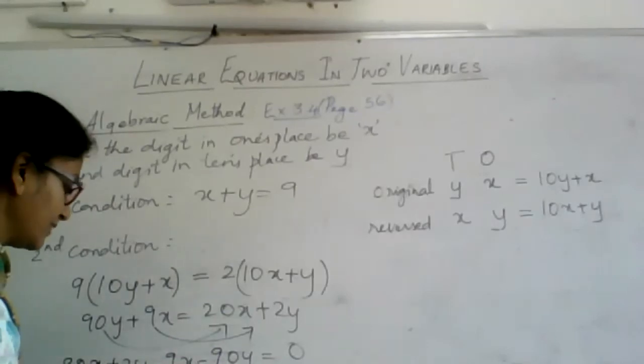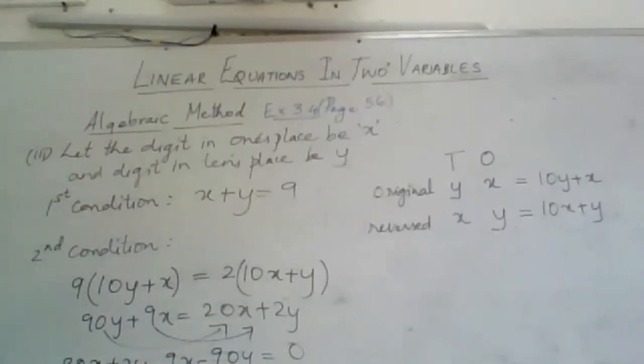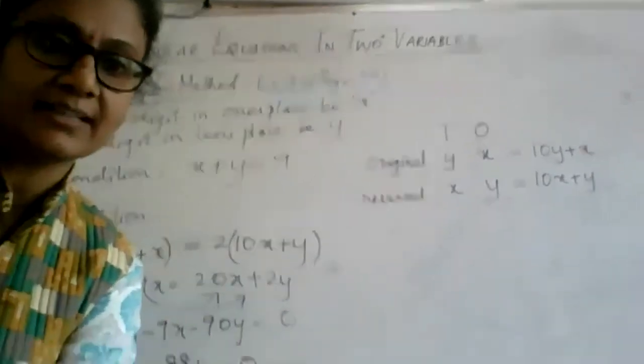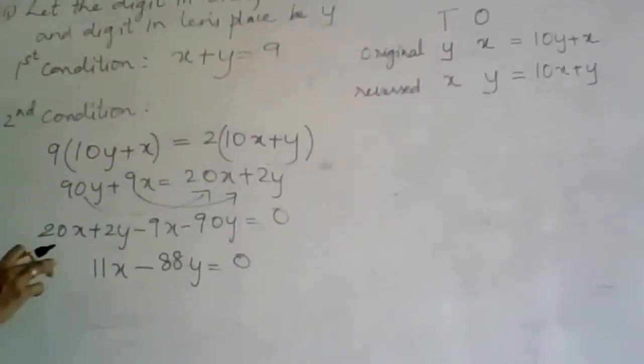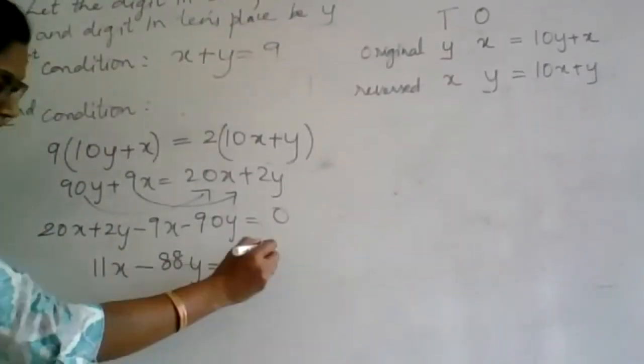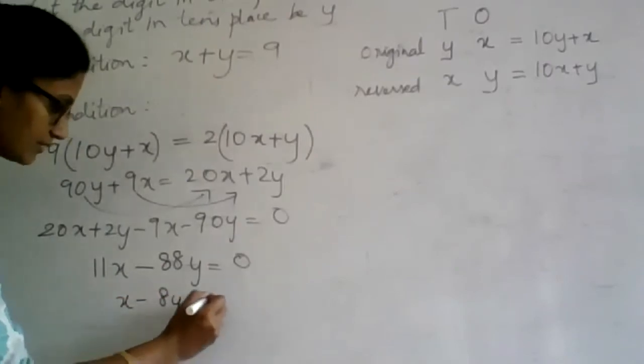So negative 88y equals 0. Correct? So you have 11x minus 88y equals 0. Or you can further simplify this. How will you further simplify this? There is a common factor, that is 11. So if you divide throughout by 11, it will become x minus 8y equals 0.